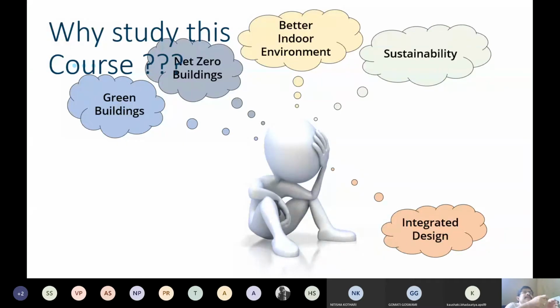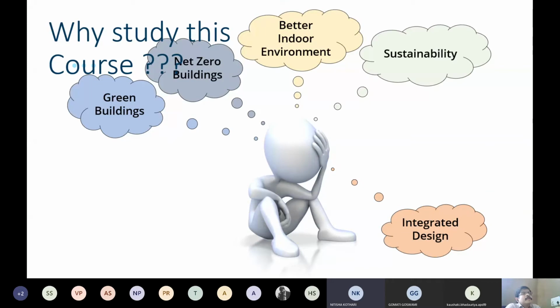Will you be looking at integrated design as openings in a building, like slits or windows, doors? But what is this integration? It's like a combination of maybe a green building, a net zero building, and a sustainable building.